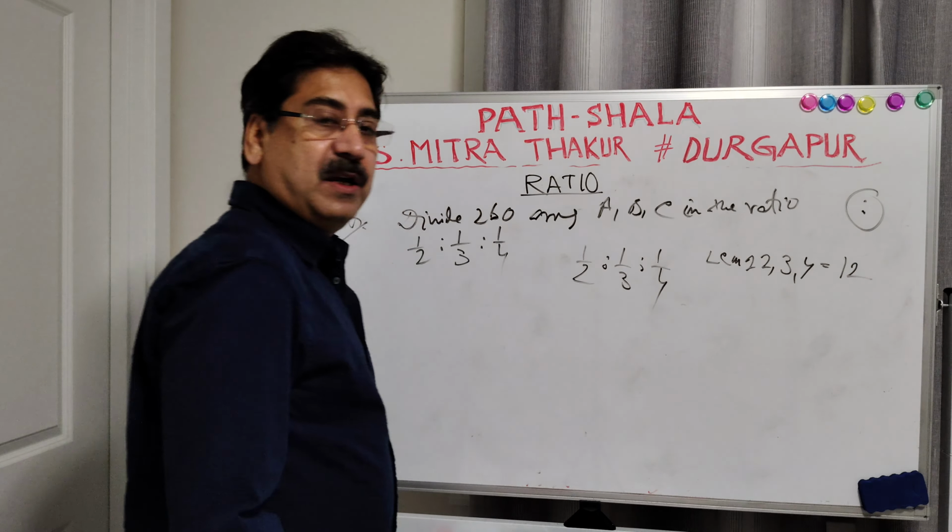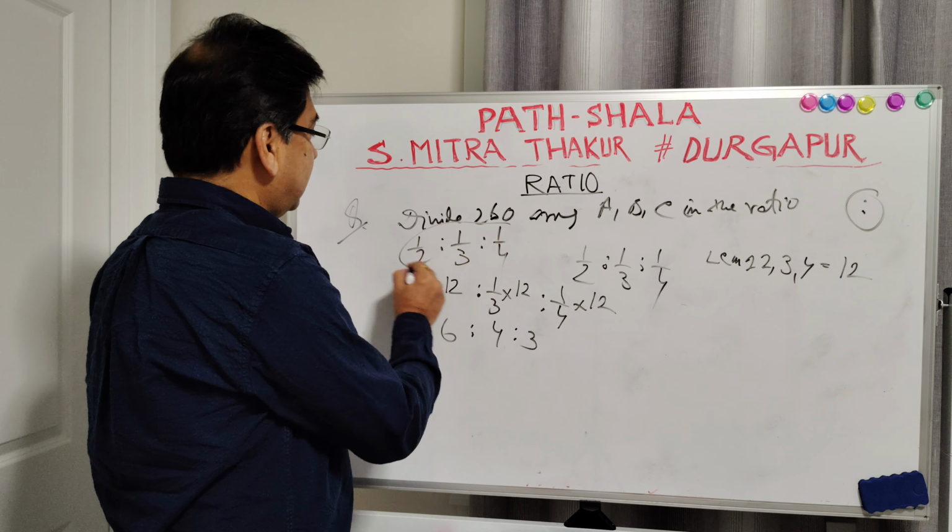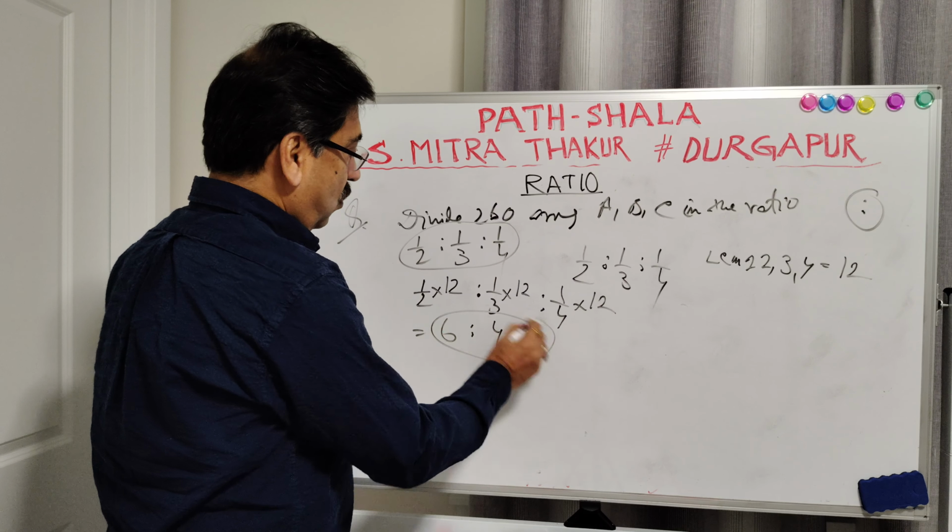So 1 by 2 into 12 is to 1 by 3 into 12 is to 1 by 4 into 12, that is equal to 6 is to 4 is to 3. This is the conversion of the fractions to whole numbers.